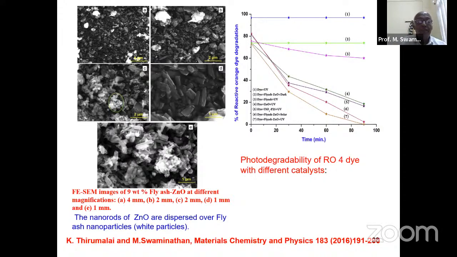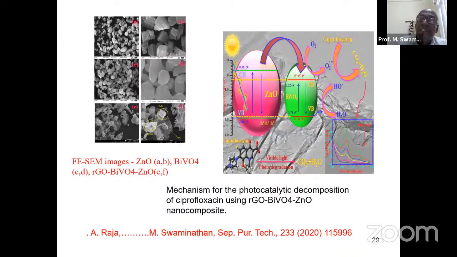So this is reduced graphene oxide, another base matrix, and here this is a nano composite. Earlier we had been trying only these dye degradations, but later we started doing degradation of pharmaceutical compounds like ciprofloxacin, diclofenac, and ibuprofen, because nowadays, even if you send a paper with a dye degradation, the journal says no, it's not acceptable.